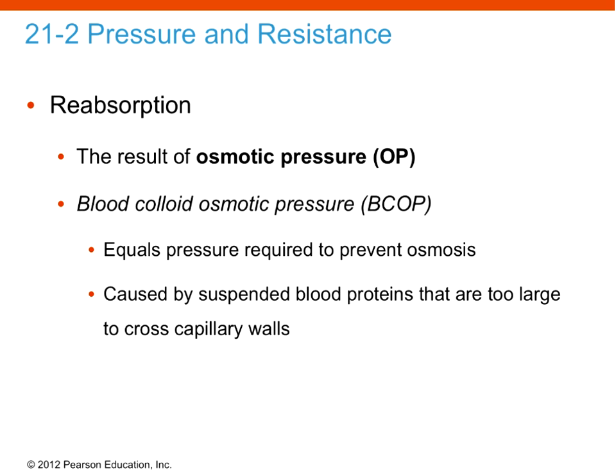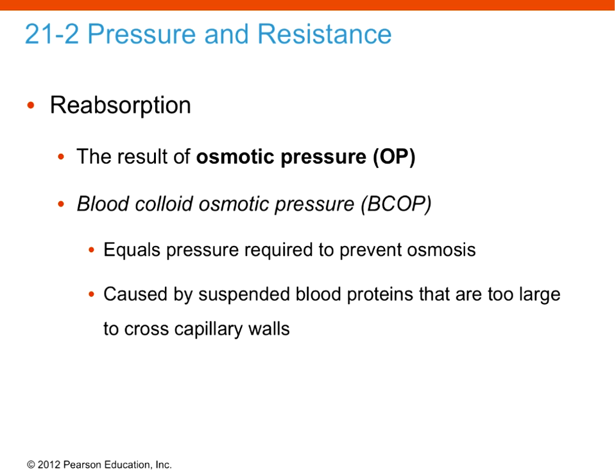It wasn't anything to contend with, because we had that net hydrostatic force pushing water out into solution. At this point, we want to keep water from moving out into solution, and in fact, we want to reabsorb some of that water. What causes this blood colloid osmotic pressure is that we have a higher concentration of solutes or formed particles in the bloodstream as opposed to those outside of the bloodstream in the interstitial fluid.